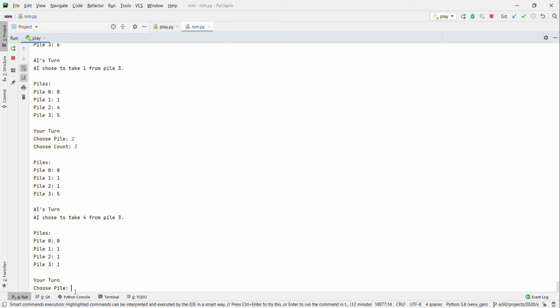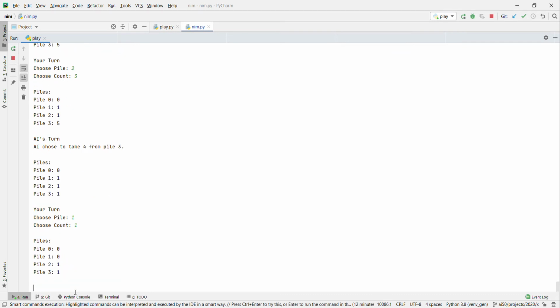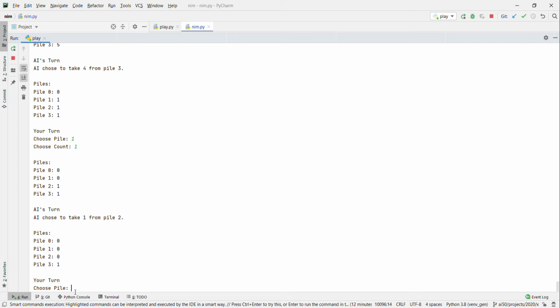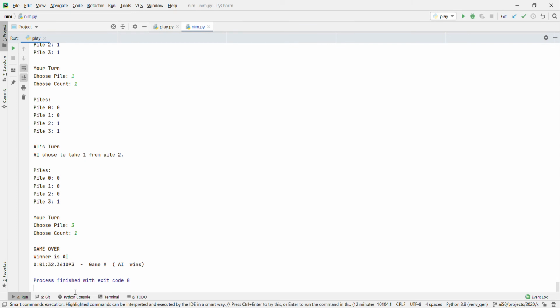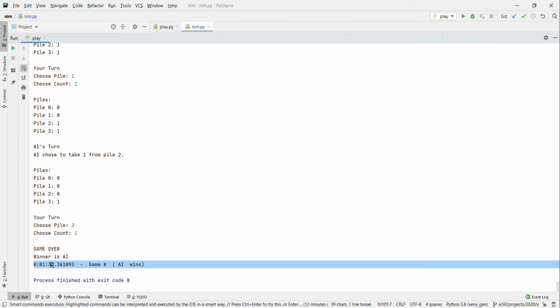So here, okay, let me try. Okay, so I am the last one to play the move. It means the AI won. Okay, so this was the first game, and let's try one more time.